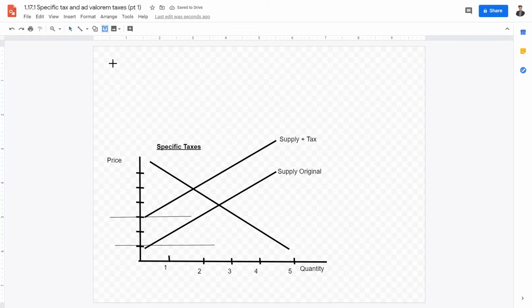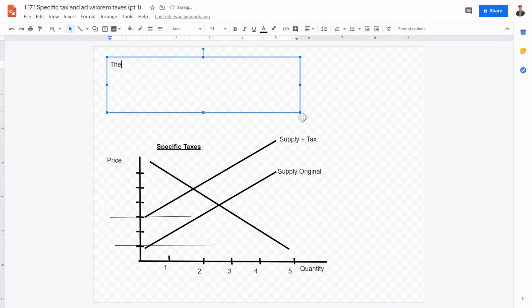Therefore, from this graph we can tell that due to the $2 specific tax, the entire supply curve shifts to the left by 2 units. Okay, so this supply curve illustrates the increase in price for the specific quantity of a good directly as a result of an imposed tax.